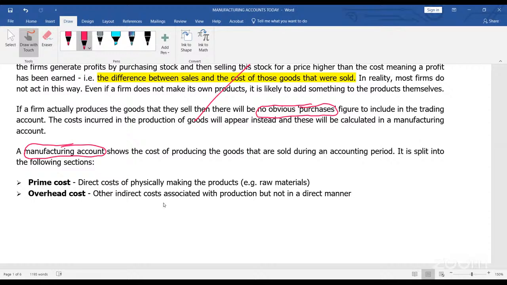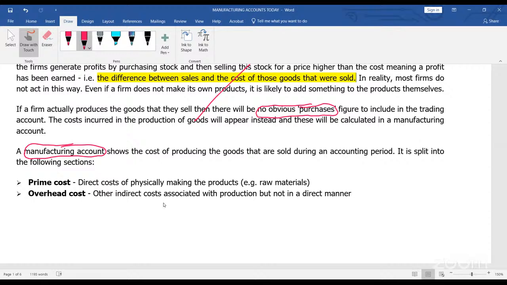Prime costs are those costs that are direct, the direct cost of physically making the product. Then the overheads are not direct. They are indirect costs.